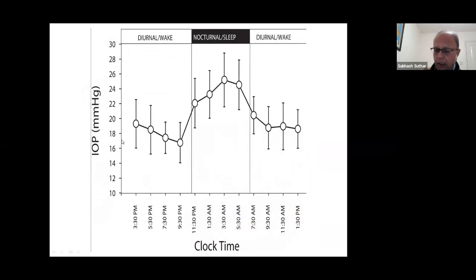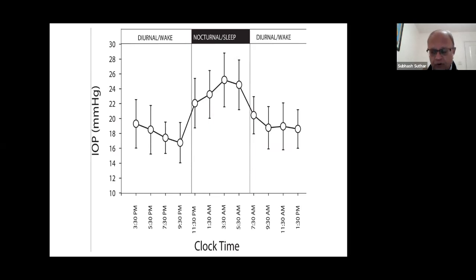Now, this is normal for everybody. You, me, the audience here, everybody in the world. We have what we call a circadian rhythm. Intraocular pressure throughout the day has ups and downs. If you look at this particular slide, which is from a professor from Rome who has done quite a lot of research, the intraocular pressure increases in the early hours of the morning.